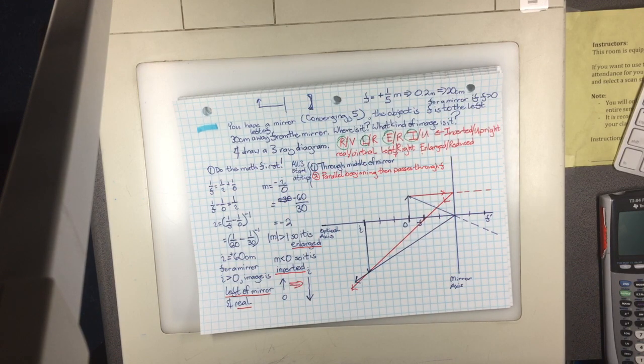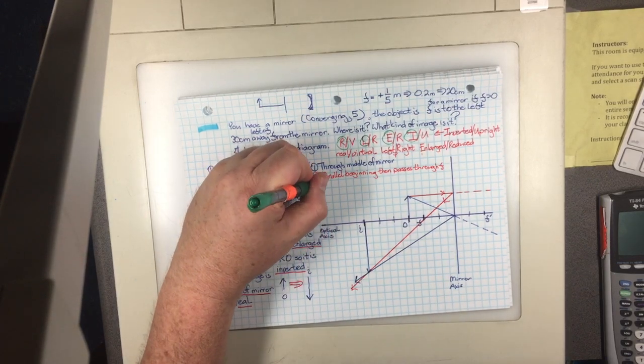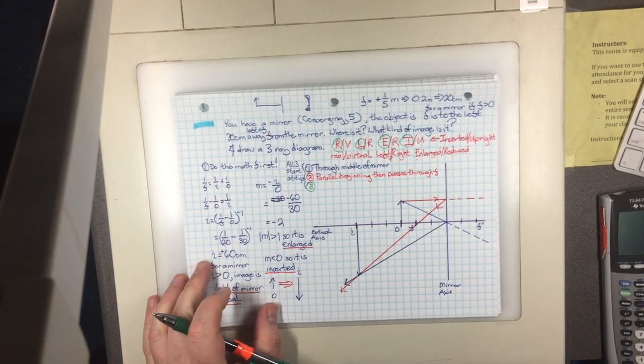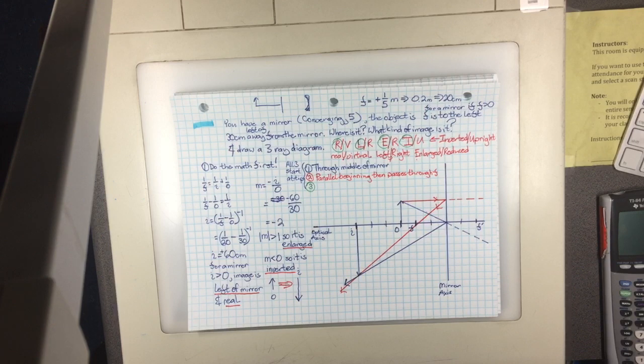The last ray depends on the situation. What I've done is that when you look at the lens or the optics file that's on Blackboard, I go through all the permutations. I go through all the ray tracings.